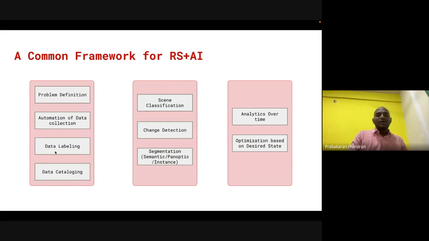But one thing is, based on the problem statement, we might spend more time on the data labeling part for better accuracy, because the landscapes are changing over time. For example, it's more or less like language. English is well solved, but we have a very limited number of models for low-resource languages, like Tamil or other regional languages.